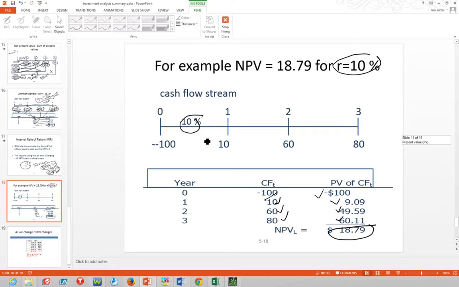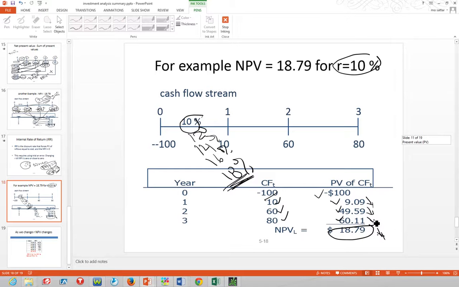If we continue to do this with a different set of numbers, let's say we do it for 12, 14, 16, 18%, and so on, obviously you'll expect that for a higher R, these numbers will get smaller and smaller, and hence this number will get smaller. And at some R, this number will be 0.